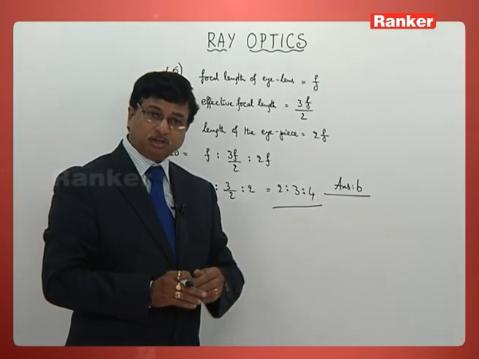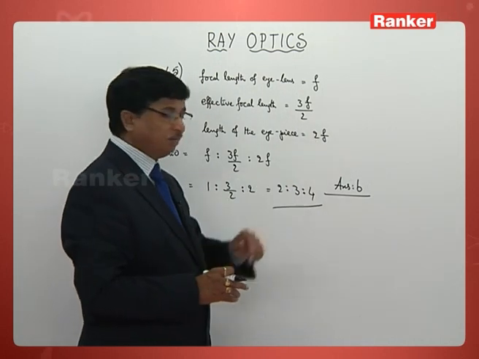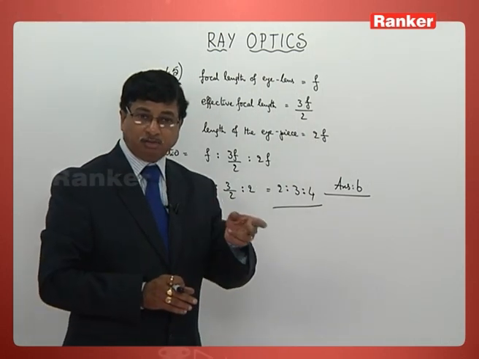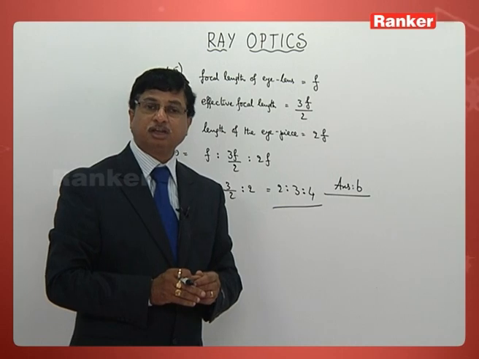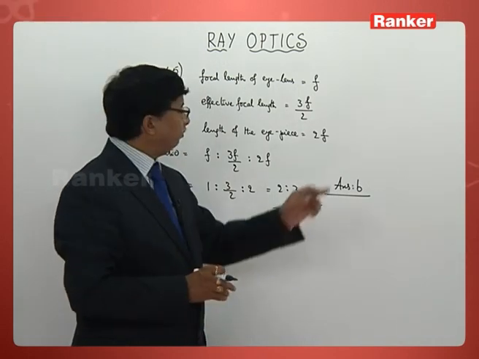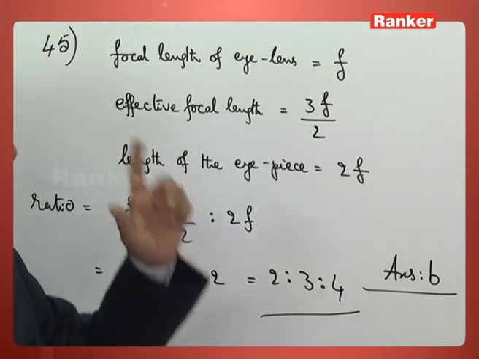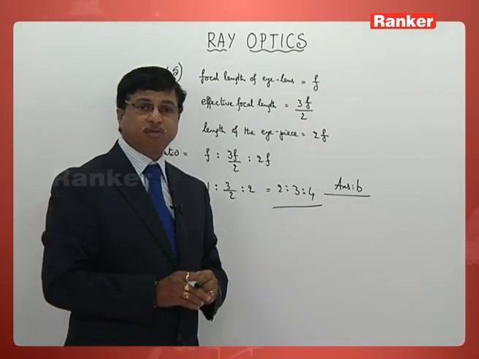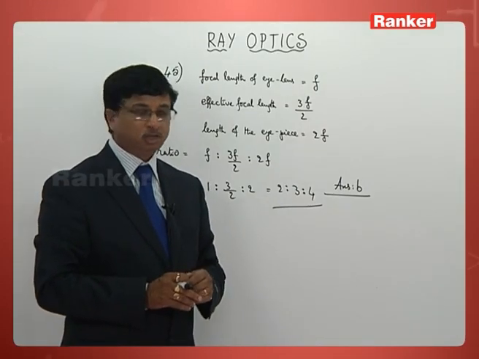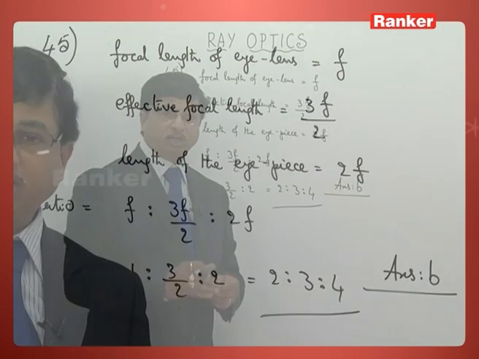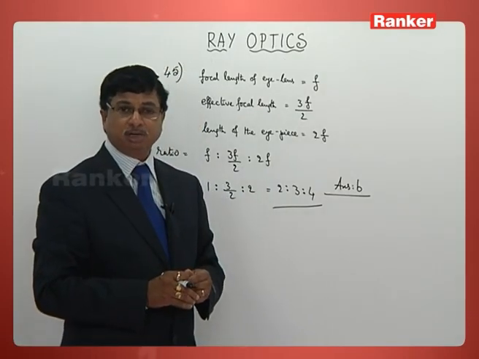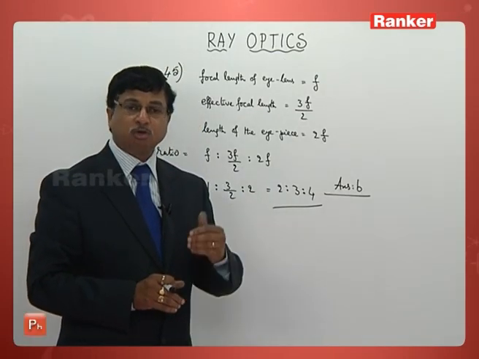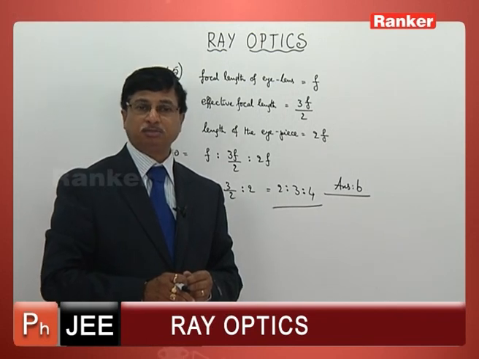In other words, you can remember this distance is equal to the average of the focal lengths of field lens and eyelens as well. Average in this case, 3f plus f divided by 2, you will be getting 2f. In fact, these two are the conditions to minimize spherical and chromatic aberrations respectively.